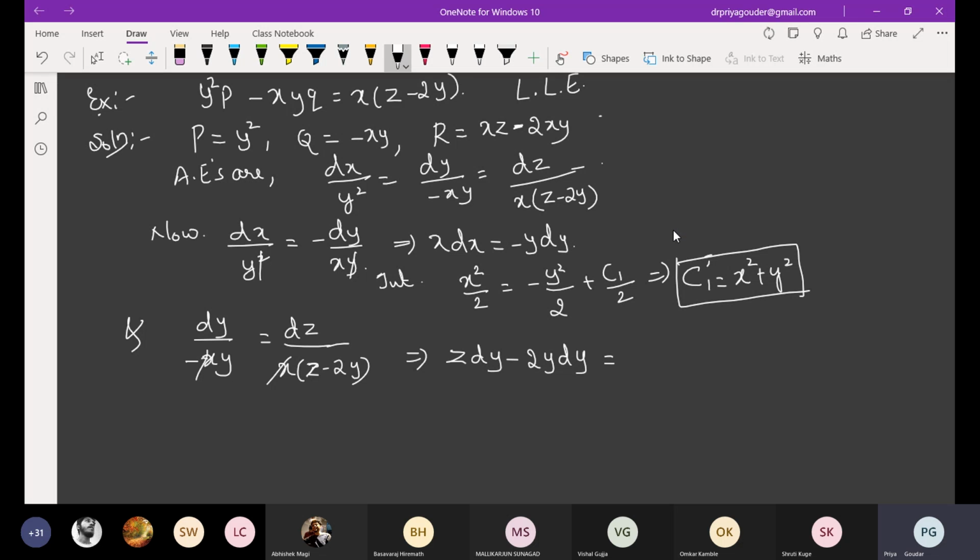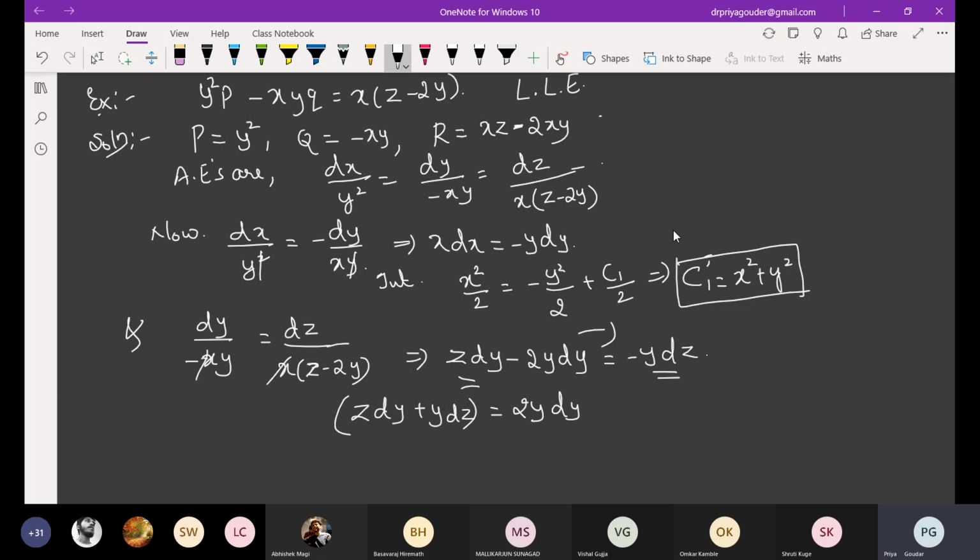Next, this is minus y dy, minus y dz, correct? Now again there is a problem because z is attached to y and y is attached to z, but you can see these two are similar to something. So I'll take it like this and send this here.